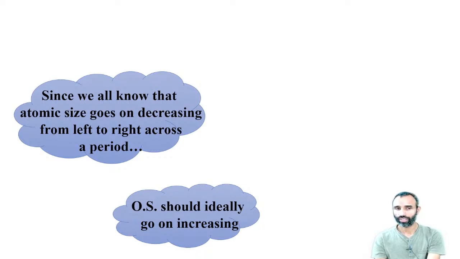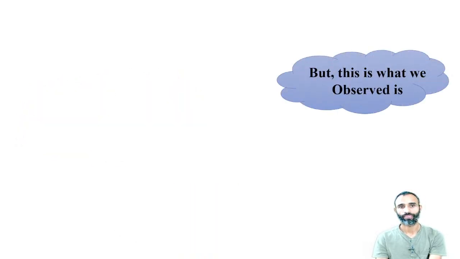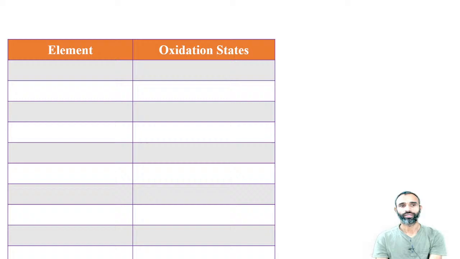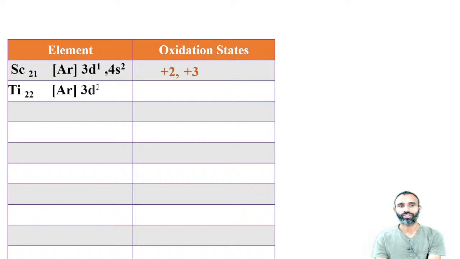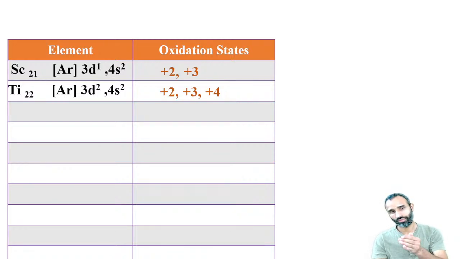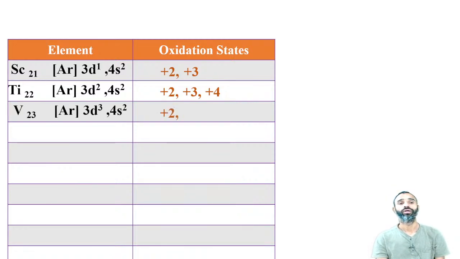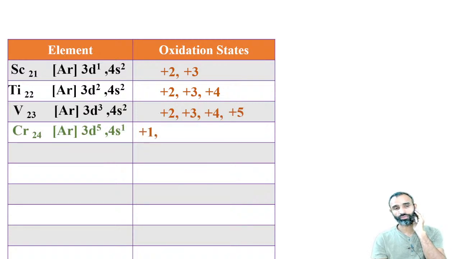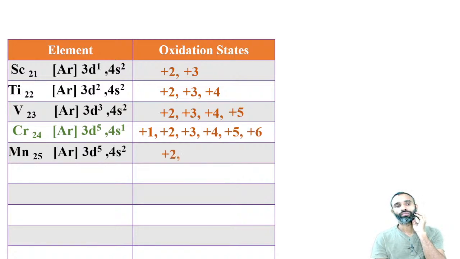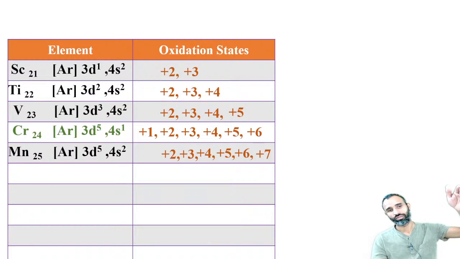Oxidation state should ideally go on increasing, but see, scandium it is +2 +3, titanium it is +2 +3 +4, vanadium up to +5, chromium up to +6, manganese up to +7. So it is increasing up to manganese.